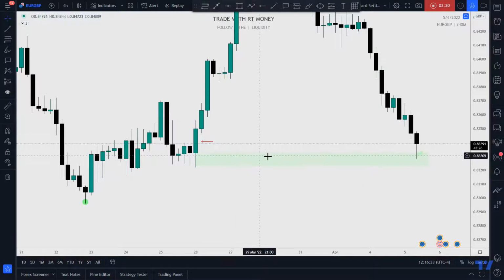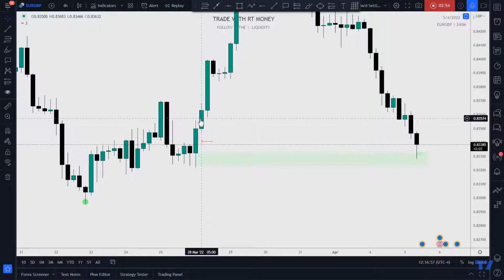One of the big reasons I mark it that way is because we already went past this area up here. So I'm going to the unmitigated portion of this level of demand. Also, that little arrow is showing the imbalance. I like to see an imbalance at the origin of an order block, whether it's bullish or bearish.